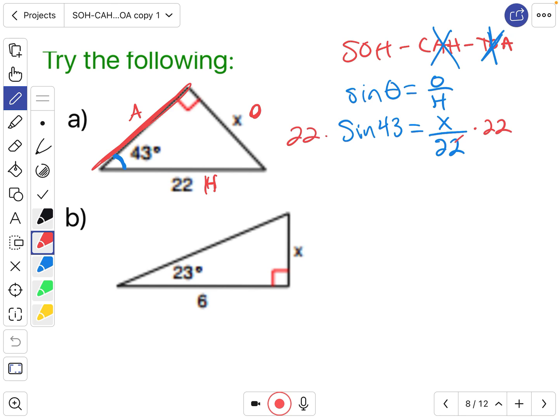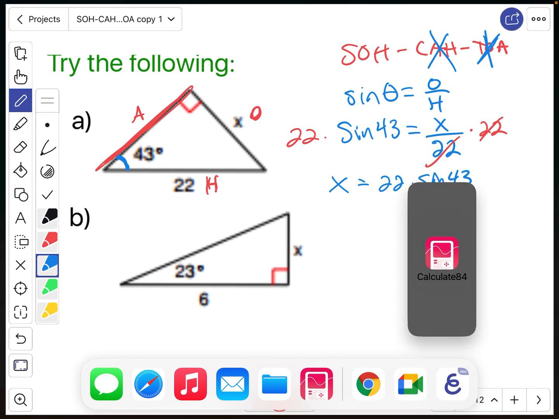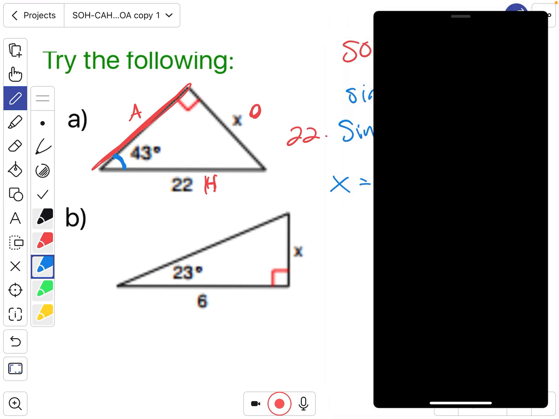Here, the number's on the bottom, so to get rid of it, we can multiply 22 to both sides. It cancels on the right, and what you're left with is x equals 22 times the sine of 43.